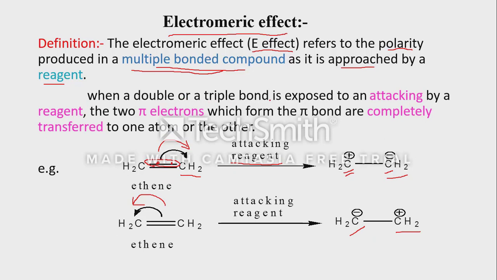When a double or triple bond is exposed to attack by a reagent, the two pi electrons which form the pi bond are completely transferred to one atom or the other, either this carbon or that carbon.